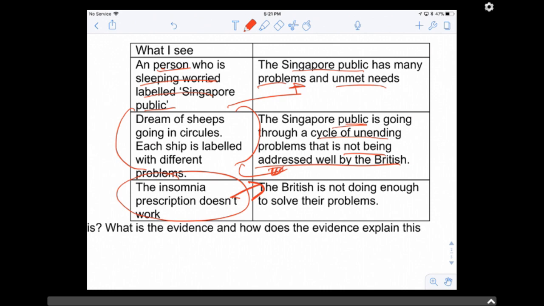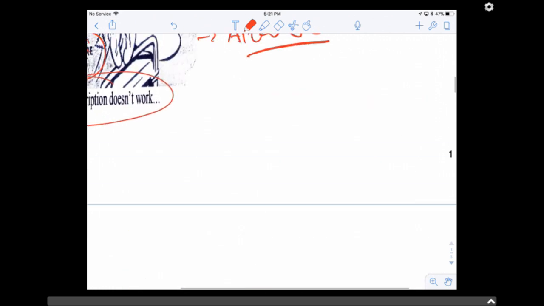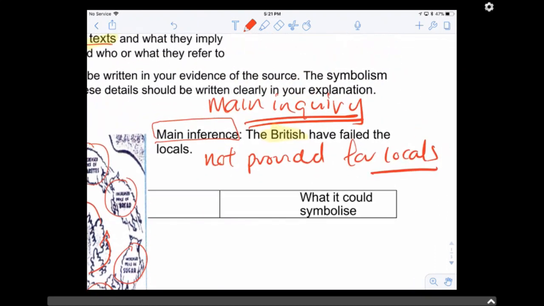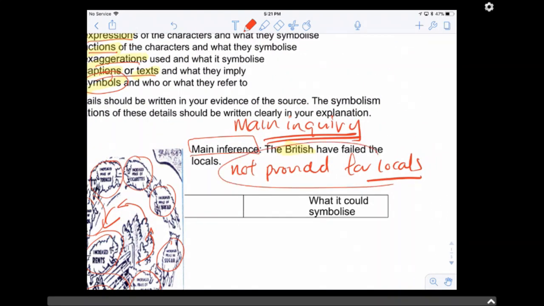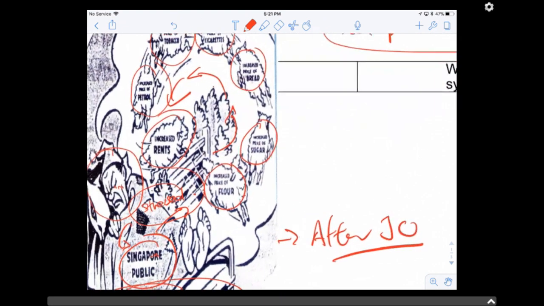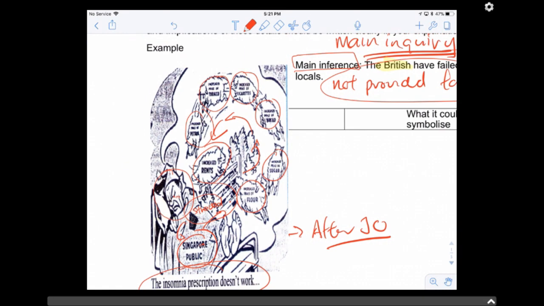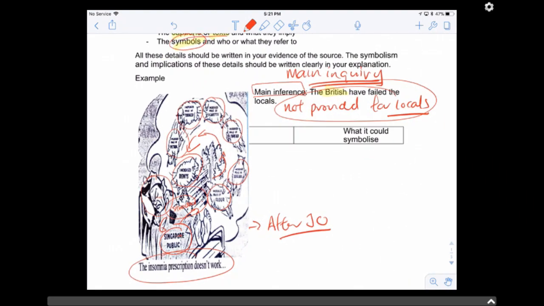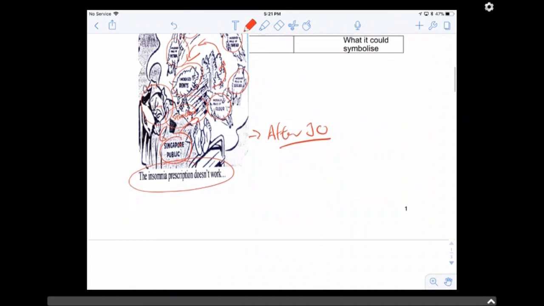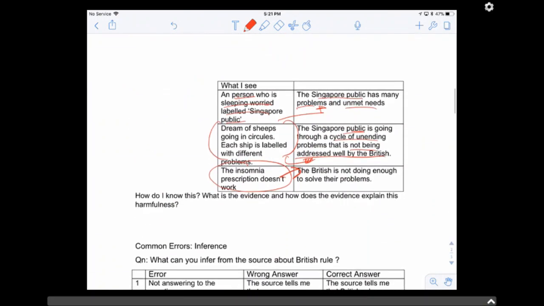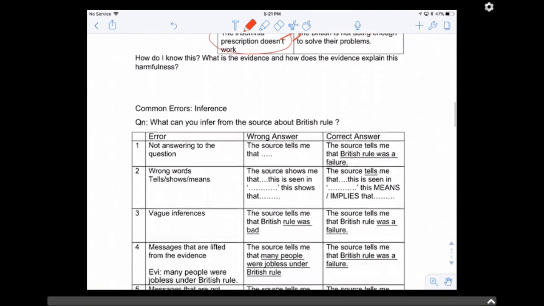And therefore, this leads to my main inference, which is the British failed the locals because they didn't provide enough for them. So that is how you do proper analyzing of the picture: looking at all the things you see there, analyzing all the symbols, all the people, all the expressions, all the actions, and what they mean, and how this links to your main inference. All right, so from there, you have your main inference.